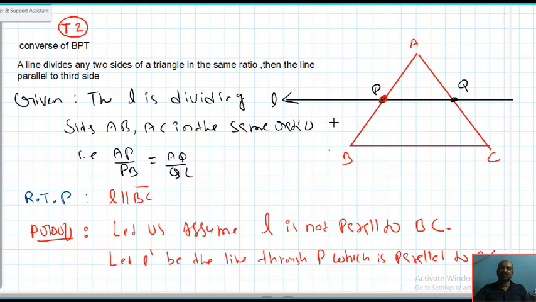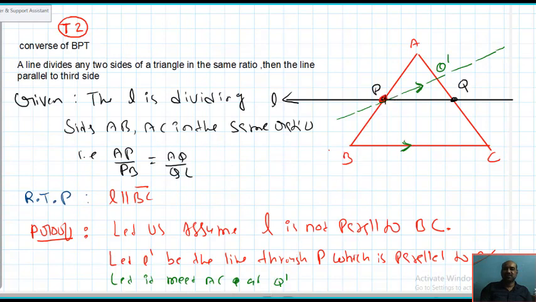So now I want to construct a line through P so that it is parallel to BC. Let it meet AC at Q dash. So this is Q dash.